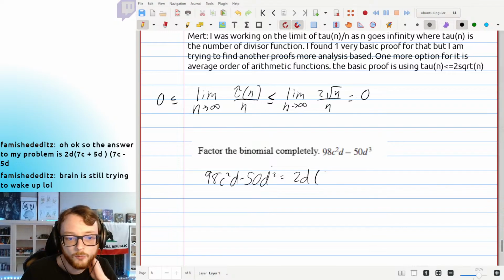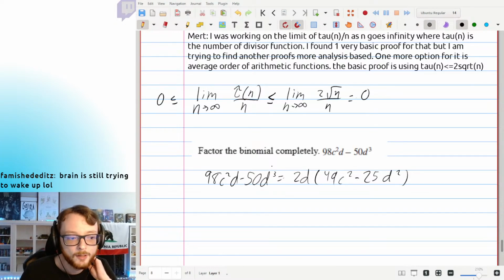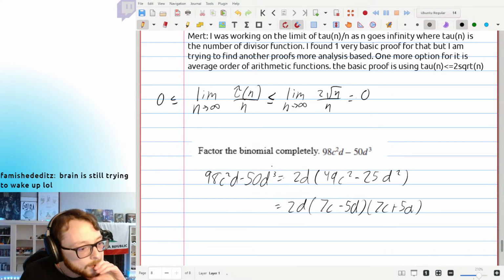So if we do that, we'll get 49c squared minus 25d squared. And now these are both perfect squares here. So we get (7c minus 5d)(7c plus 5d). Is that what you get? Yep, looks good.